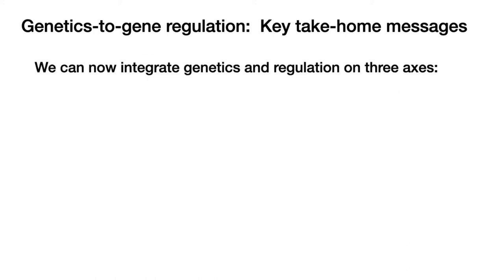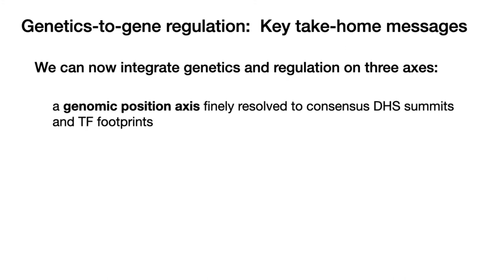So on a higher level, we can now integrate genetics and regulation on three basic axes. First is a genomic position axis of finely resolved consensus DNase hypersensitive site summits and transcription factor footprints.